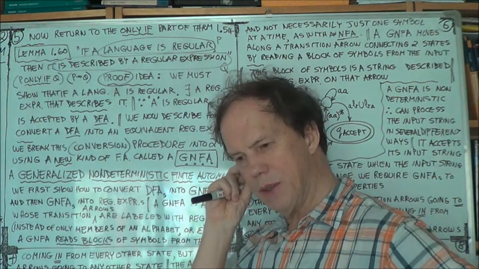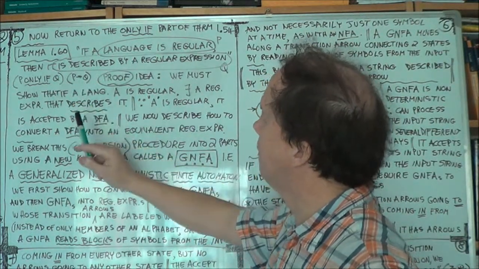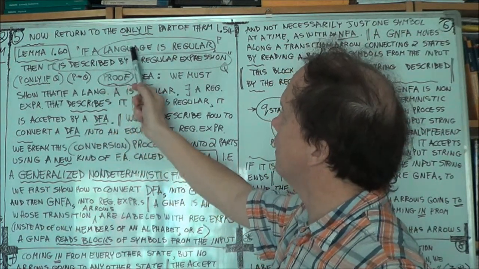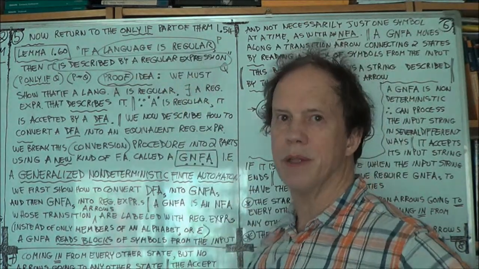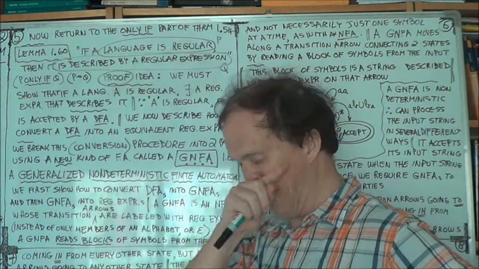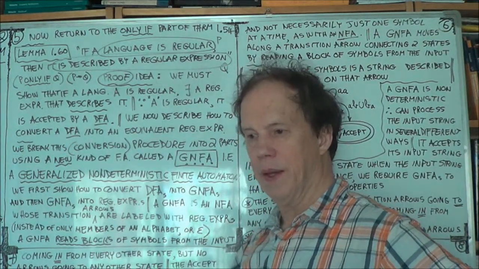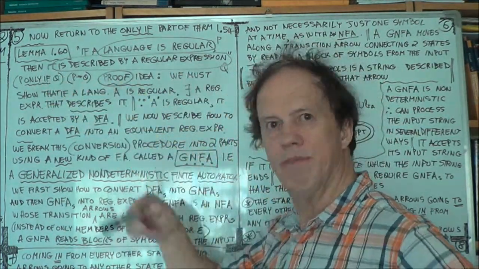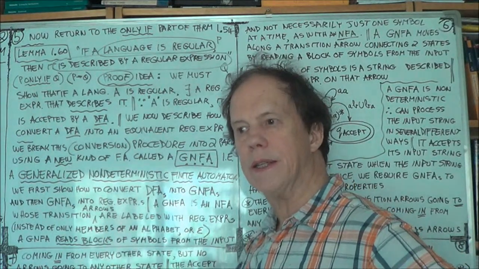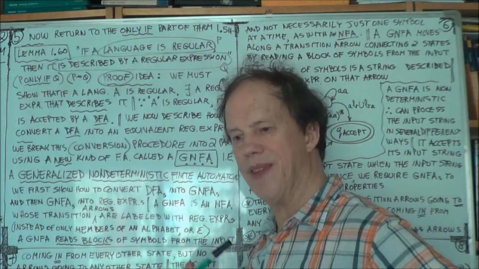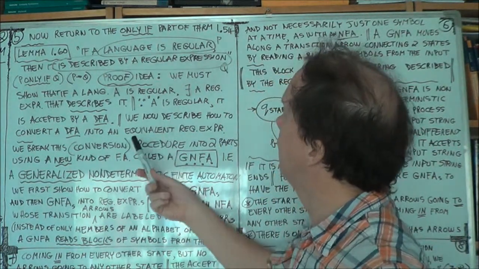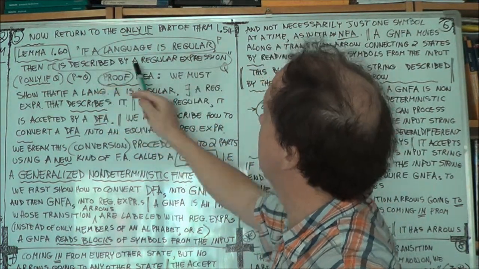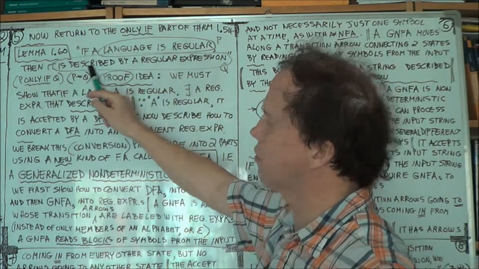So in other words, to prove if P then Q, we have to show that the machine that recognizes that language, some DFA, effectively, this lemma boils down to showing that from that DFA you can get a regular expression that describes the language.